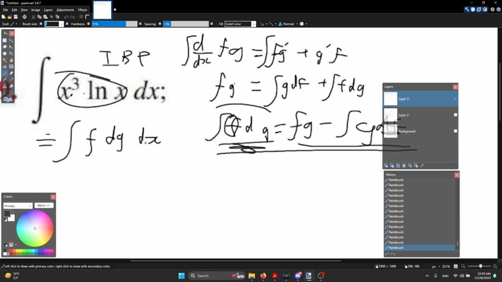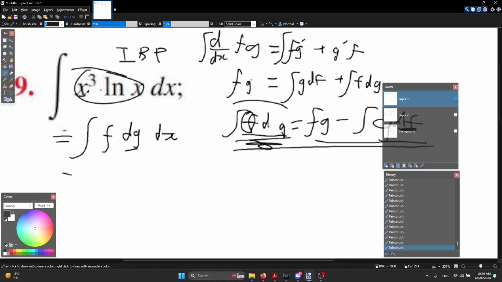Basically what you're trying to do is find which one is f, and which one is the derivative of g. There are certain guidelines to doing so, but I honestly forgot, and this is not educational by any purpose. It's just me practicing, and you don't matter at all.